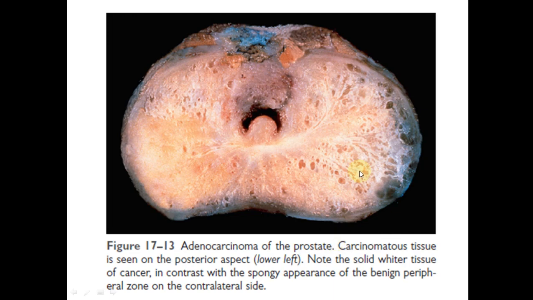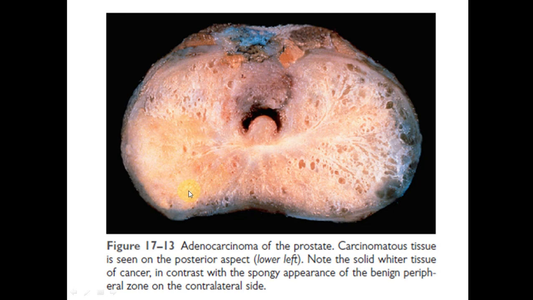Now in this picture we can see the prostate cancer in the posterior peripheral zone of the prostate, and we can identify on the other side, on the right side, the normal prostate which contains well-defined glandular patterns, but this is a region which is solid, hot, and it doesn't contain any glands.